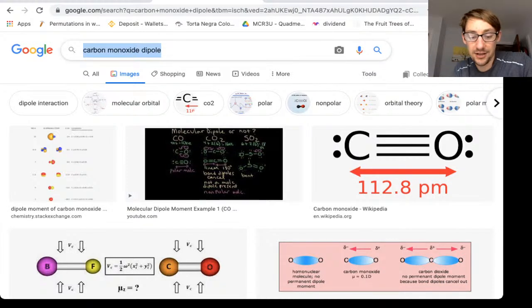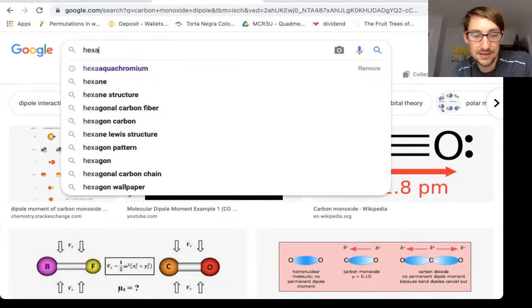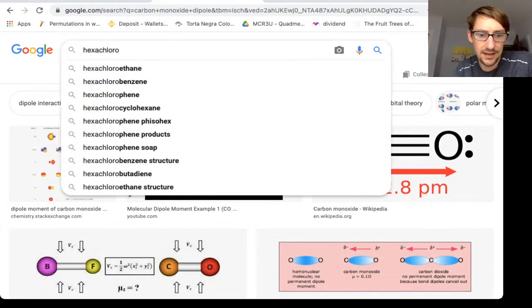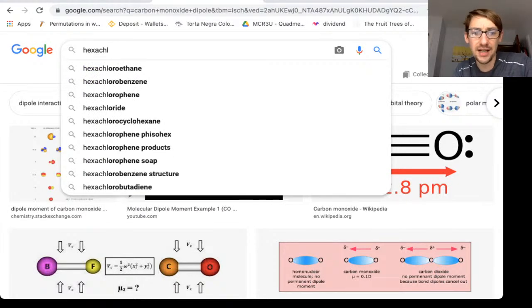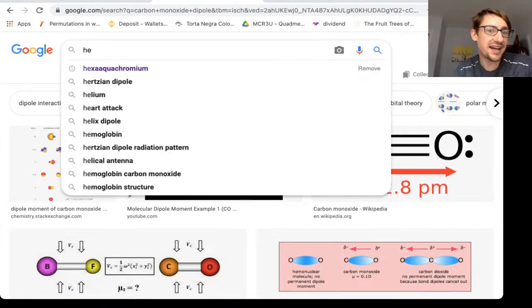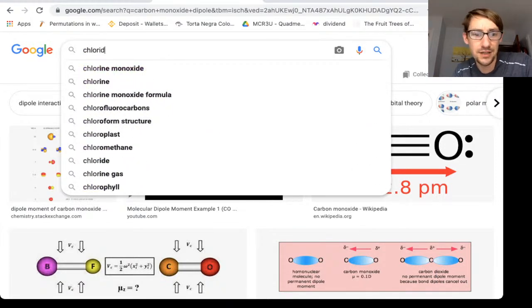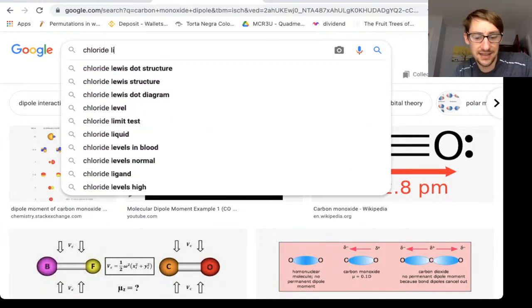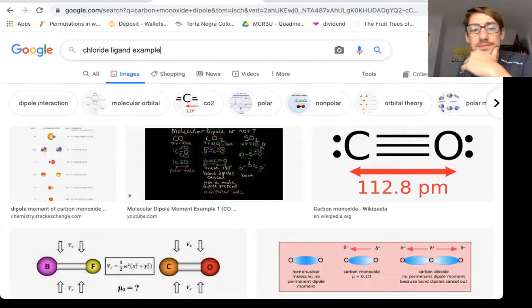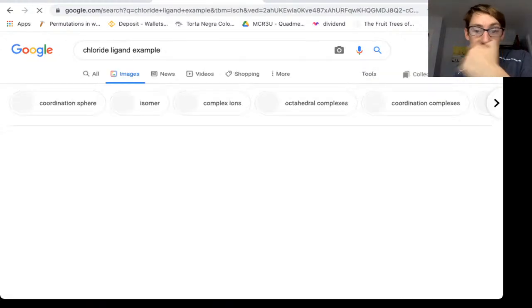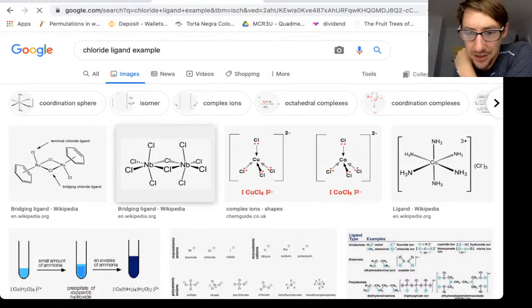Now, there are a couple examples. I believe fluoride and chloride can act as ligands and attach to stuff. Chloride ligand example. These are attracted simply because they have a minus charge. Yeah, look at that.